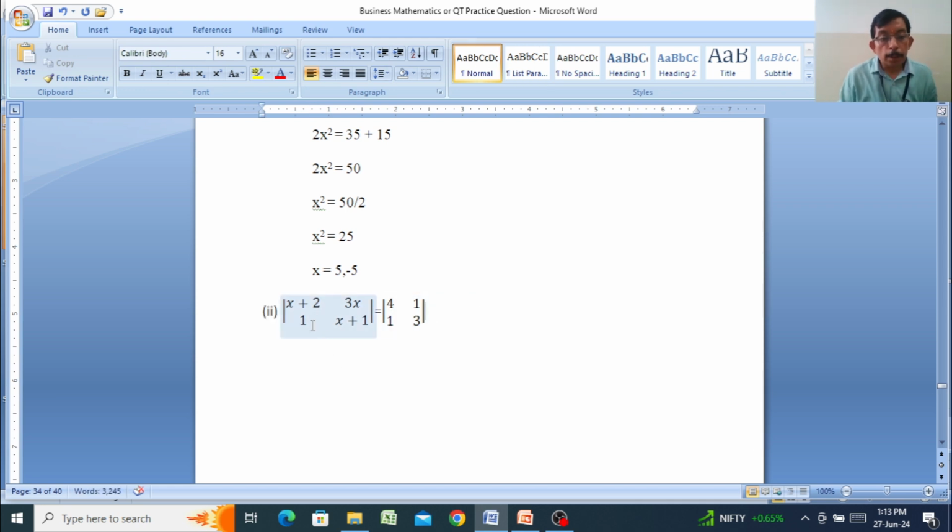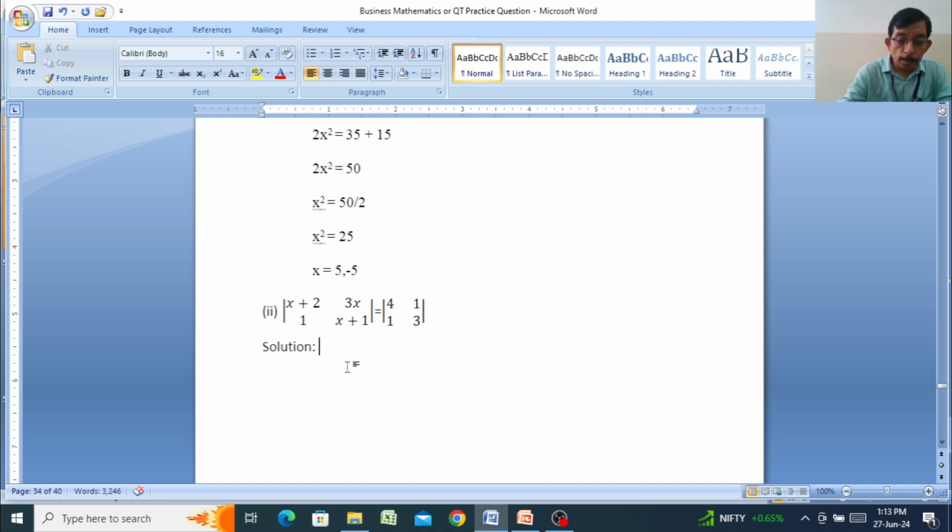First we solve the determinant of second order by the difference of the multiplication of the diagonal elements. The first diagonal elements are x plus 2 and x plus 1.